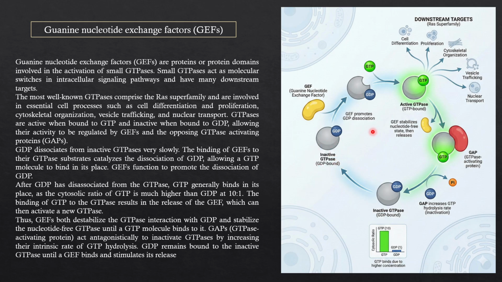When GTP comes and binds to the GTPase, it activates the GTPase, and with binding of the GTP, this results in different downstream targets like cell differentiation, proliferation, cytoskeletal organization, as well as vesicle trafficking and nuclear transport.